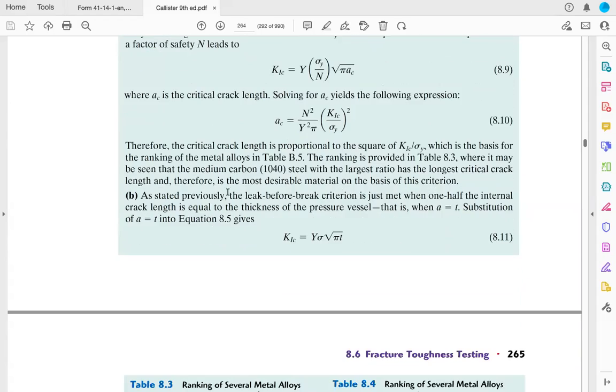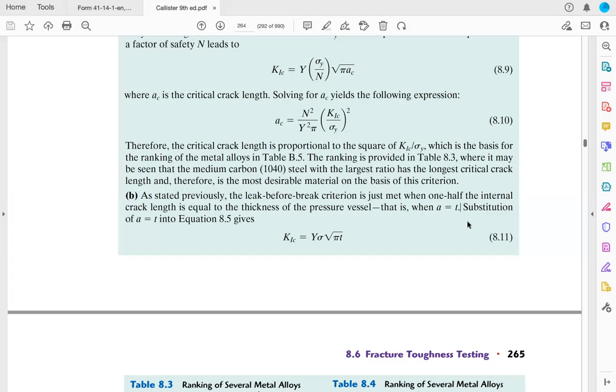Okay, the second one, how about if we have leak before break? Leak before break means that a, the half internal crack, is equal to the thickness of the wall.